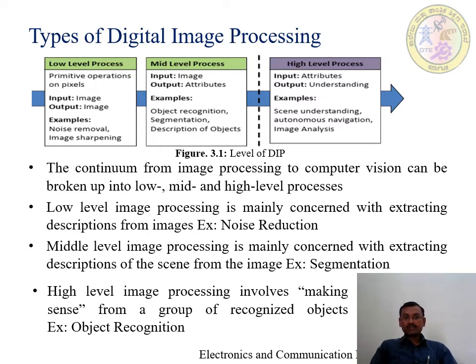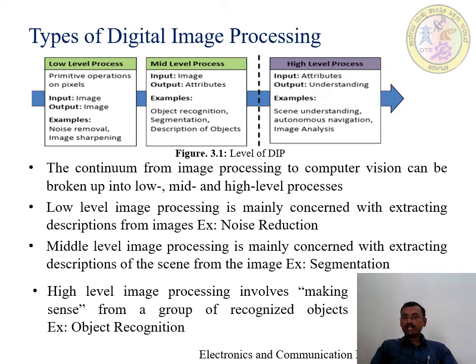Let's see the types of digital image processing. There are three levels of digital image processing: low level processing, mid level processing, and high level processing. The continuum from image processing to computer vision can be broken up into these three levels of processing. The low-level image processing is mainly concerned with extracting the descriptions from images, for example, noise reduction.